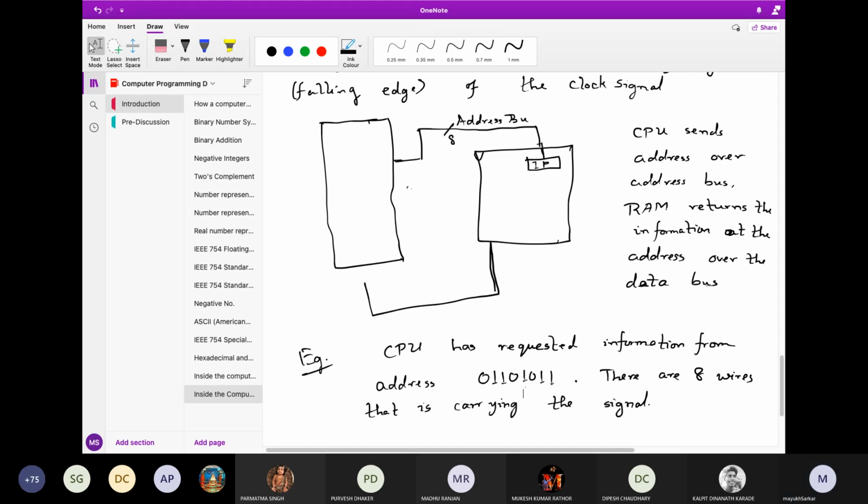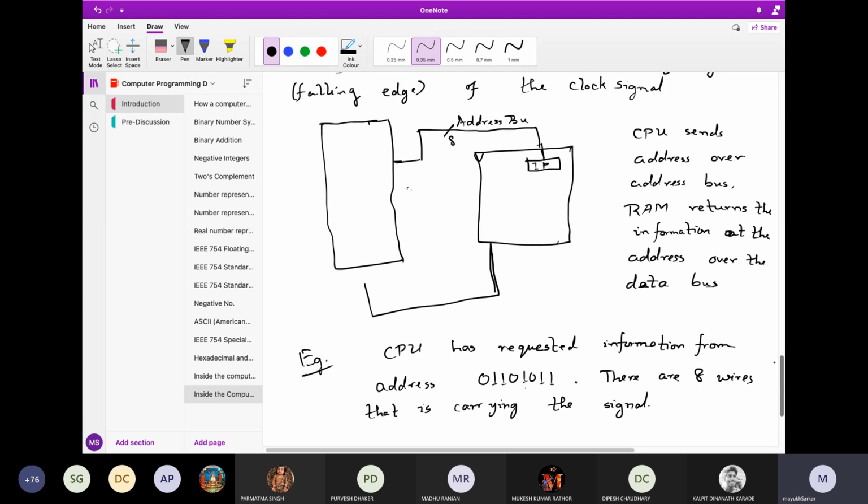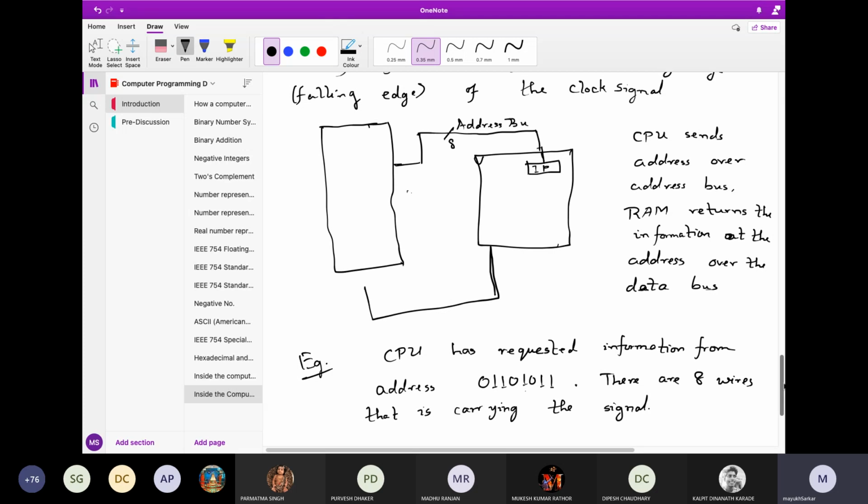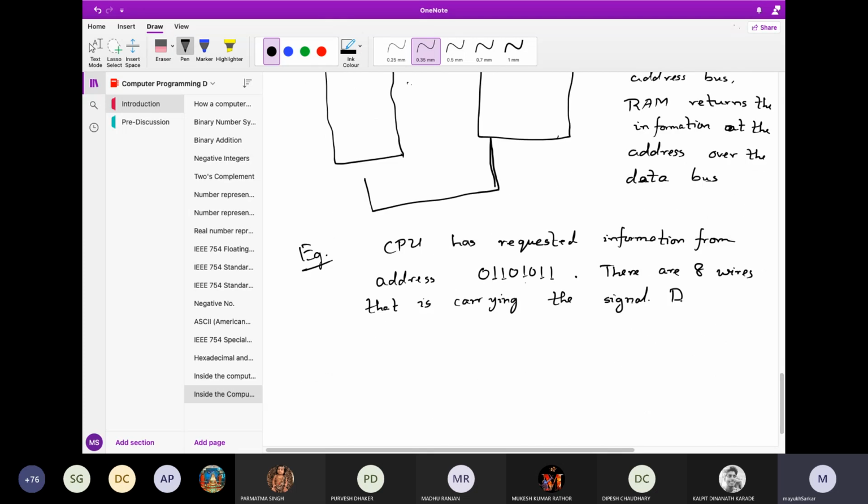Now, these are physical wires, right? There can be delay somewhere. It's not that all wires are of the same speed and can take the data at the same speed. Delay happens within the circuit. So this is one very important fact you must understand: delay happens within a circuit.